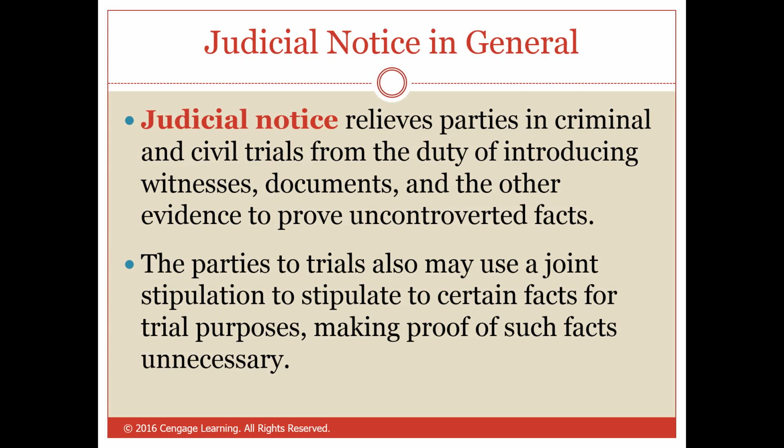This can also be done by the judge. The judge can just recognize certain things as being what they are. For example, if you have a murder trial and you have DNA evidence, you do not have to prove in every single murder trial that DNA evidence is good evidence. It's for the most part irrefutable evidence of identification. You do not have to prove that. That would be stipulated or simply acknowledged by the court.